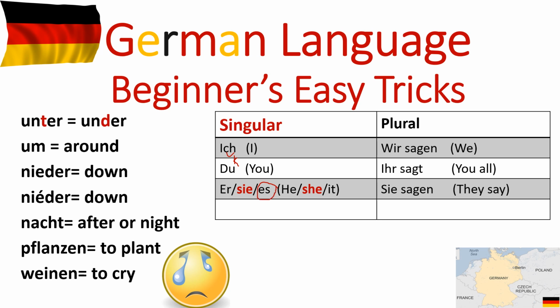Because a lot of times in German, people won't say is. You have wir sagen. We are saying is what this means. Ihr sagt, this is here. I'm going to take these out. We'll do these in another lesson. But these mean we say, you all say, and they say.